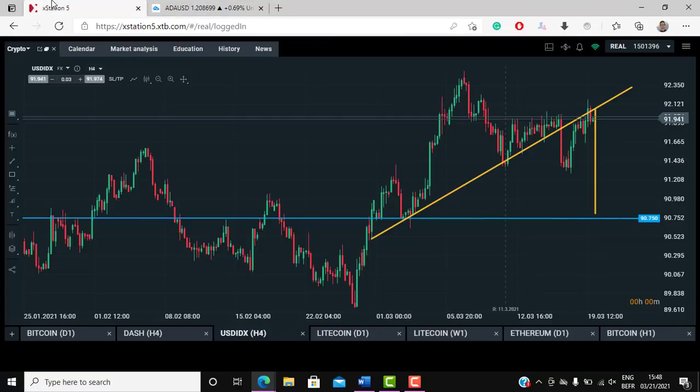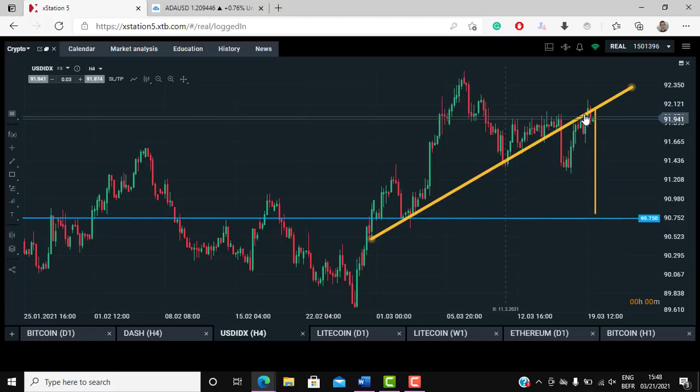Another thing to watch for is the US dollar here. The US dollar has been very strong lately. However, if you take a look at the 4-hour chart, here we have this head and shoulders pattern. The head and shoulders pattern is pointing to down price, and we did break below the neckline here during the FOMC speech.